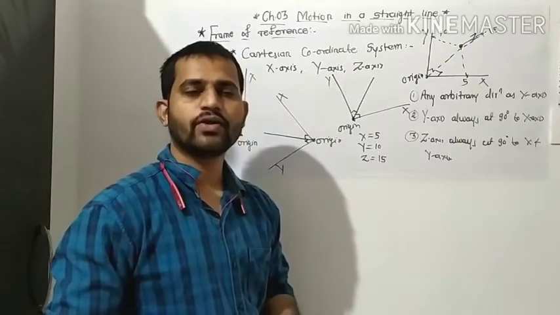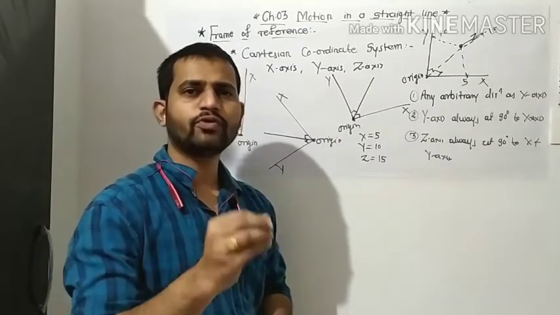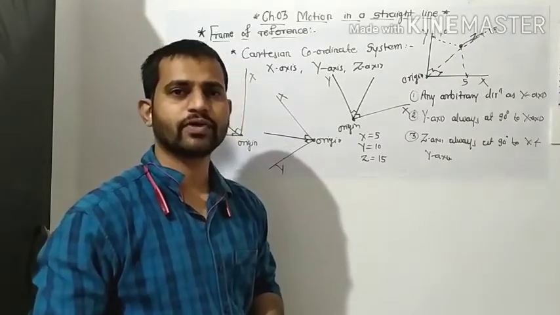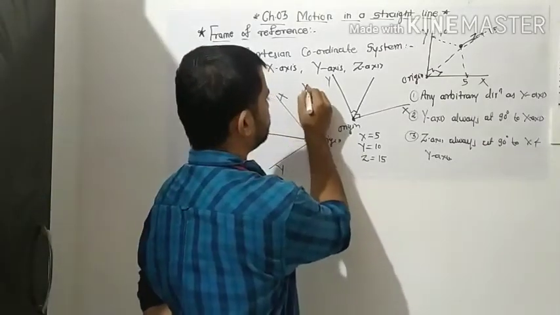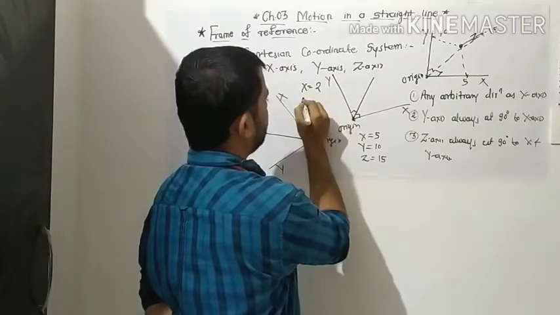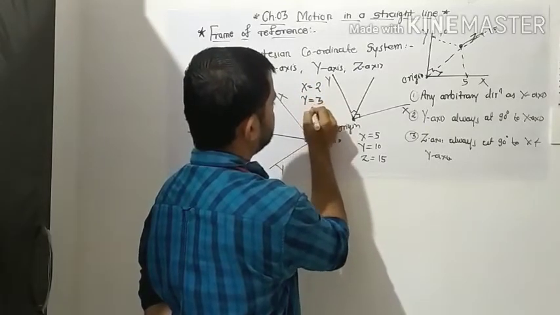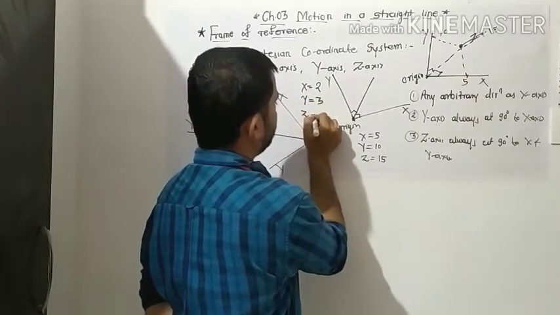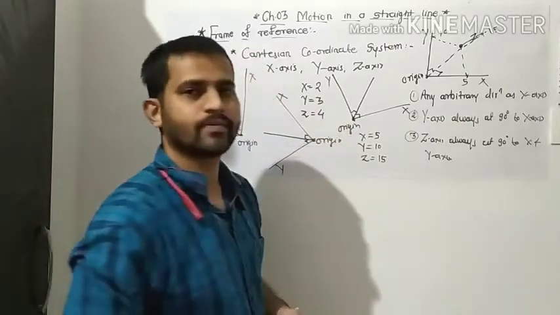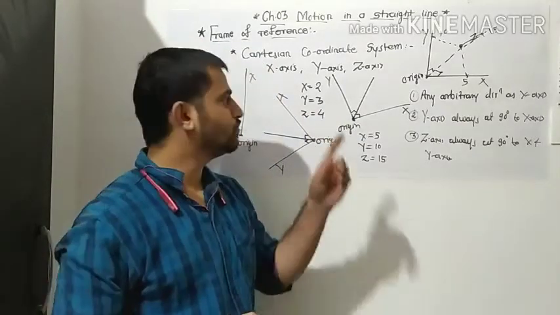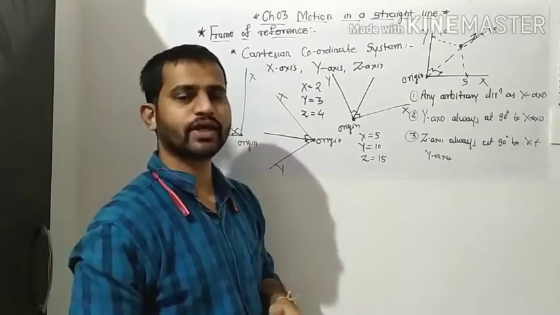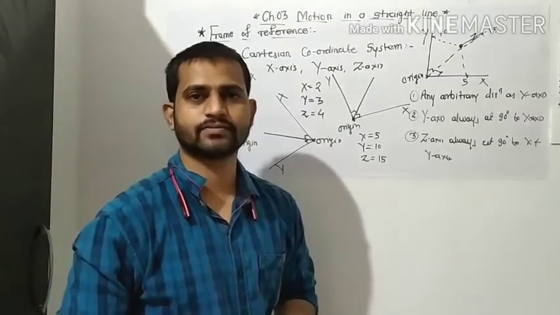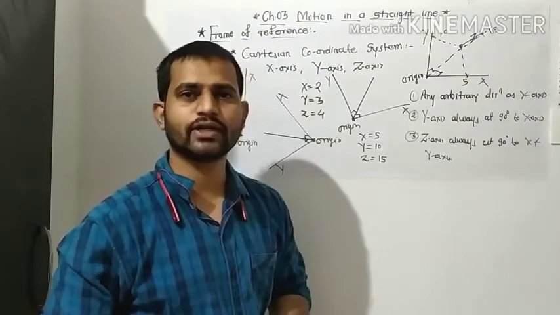Now, suppose we are given the location of a point like x is equal to 2, y is equal to 3, z is equal to 4. If we have to reach this position, then we can easily locate it.